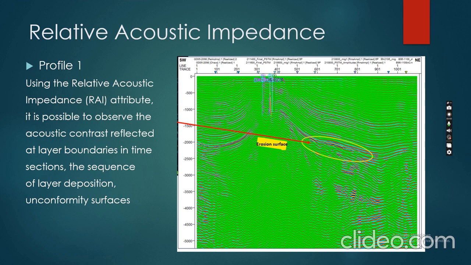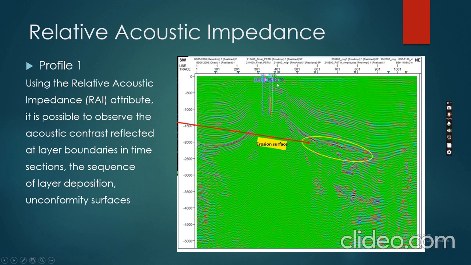It also highlights features like deposition patterns, unconformities and faults. On this profile, the map clearly shows an erosion surface, which can be seen here. And this information is very helpful for understanding the subsurface structure and how reservoir rocks might be distributed.